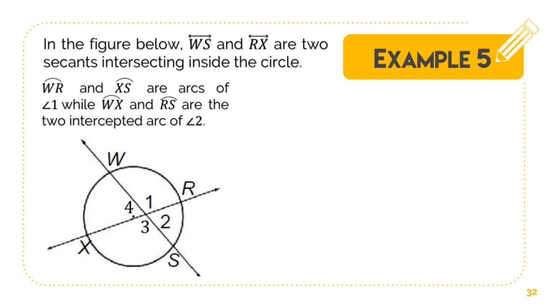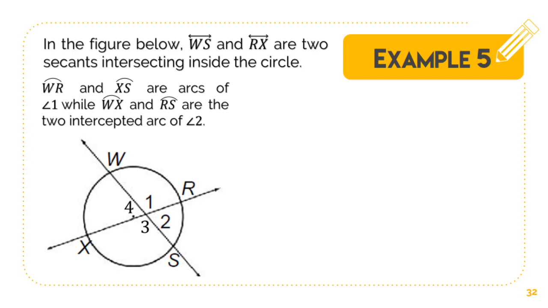Angle 1 and angle 3 are a pair of vertical angles, while angle 2 and angle 4 are another pair of vertical angles. For us to take the measure of each angle, take note of the idea of vertical angles wherein those pairs of angles are congruent. Let us try to solve for the measure of angle 1.